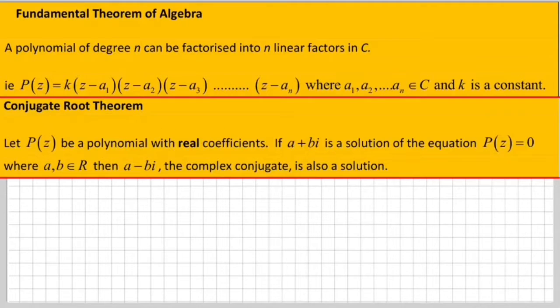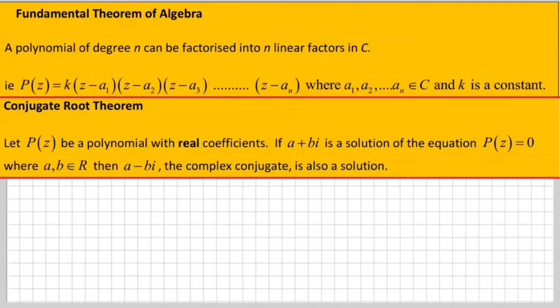The second superstar is the conjugate root theorem. The conjugate root theorem says that if p of z is a polynomial with real, and I emphasize real, all of them have to be real coefficients, then if you find one of the solutions of the equation p of z equals 0, say a plus bi, where a and b are reals, then you know automatically that the complex conjugate, a minus bi, is also a solution.